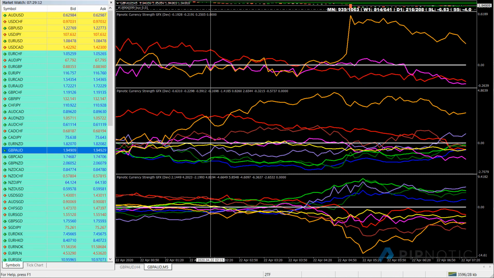So we're expecting, at some stage, this to do this. And so we had a really sharp spike down into our level. We saw immediate rejection, and now price is doing this.